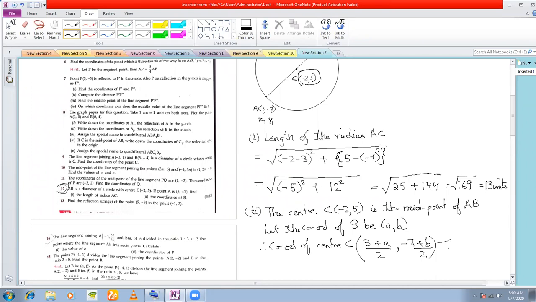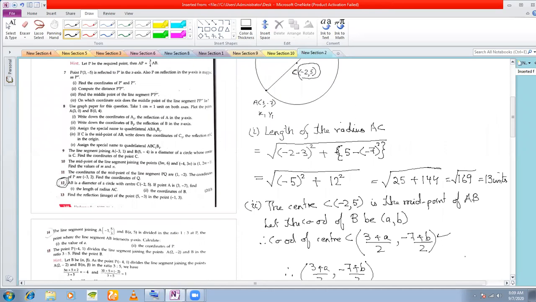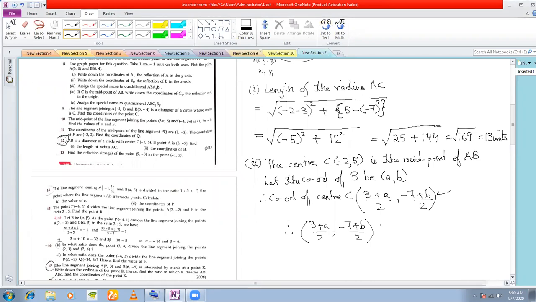So this must be equal to minus 2 comma 5. So therefore (3 plus A)/2, (minus 7 plus B)/2 must be equal to (minus 2, 5). Okay. So now we shall find out the values of A and B from here.